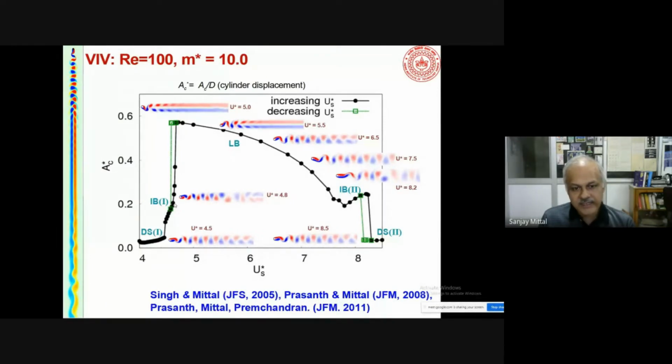And then at a very small change in speed, the amplitude simply jumps along the black line, and you get a fairly large oscillation amplitude. You can see the flow structure also changes, because the frequency has changed from the vortex shedding frequency for a stationary cylinder, as is shown at U star 4.5, to suddenly the natural frequency, which may be a little bit larger.